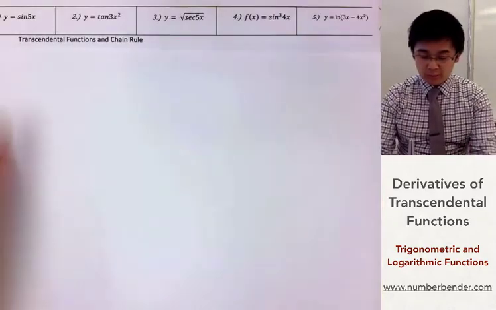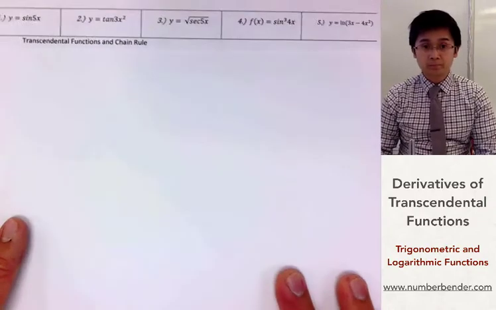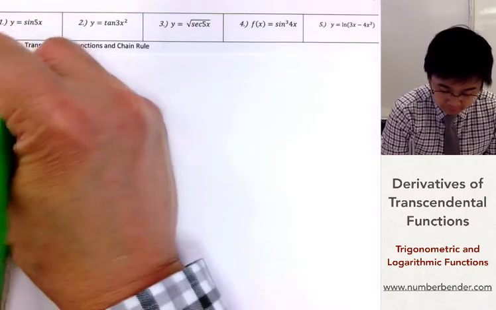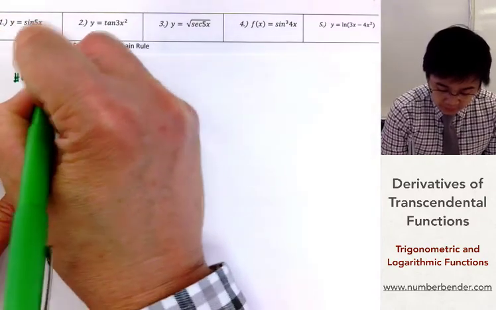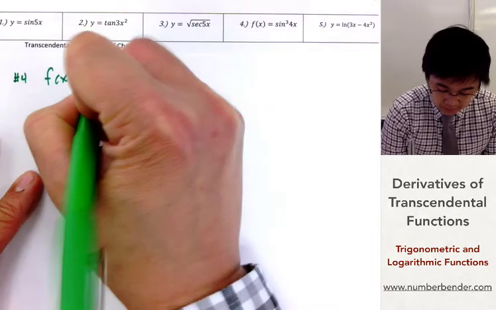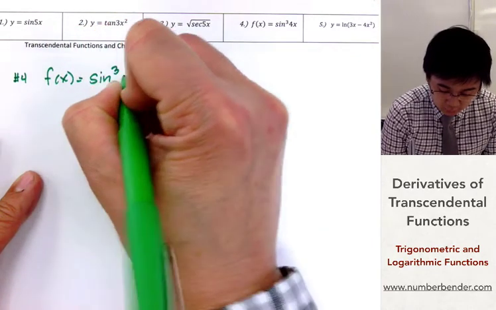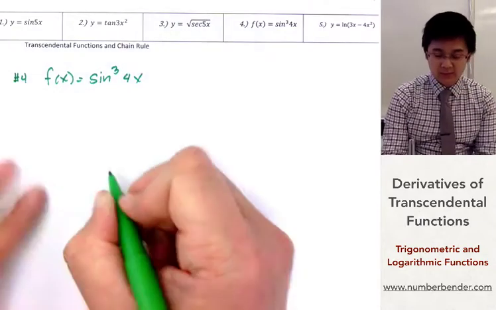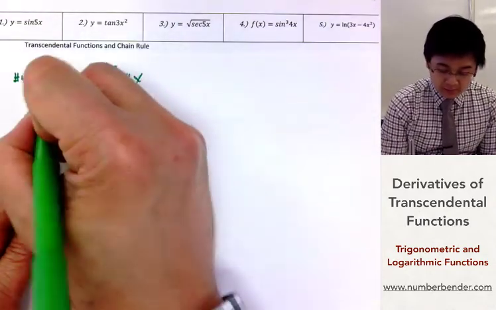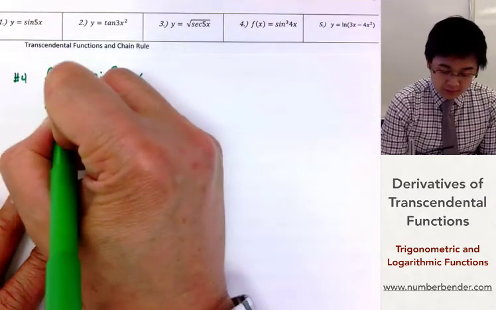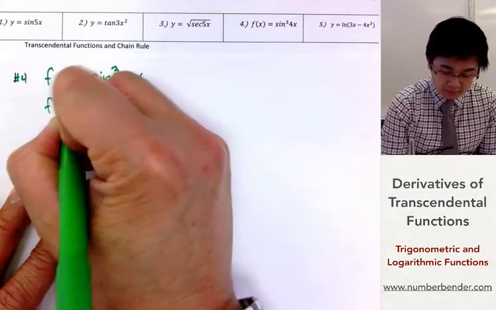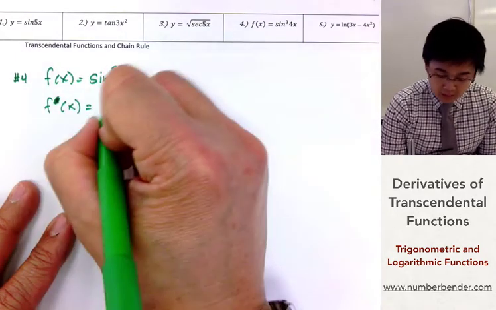Now for problem number 4, we have f of x equals sine cubed 4x. We can rewrite this as f of x equals sine 4x to the third power, because we're not doing derivatives yet.